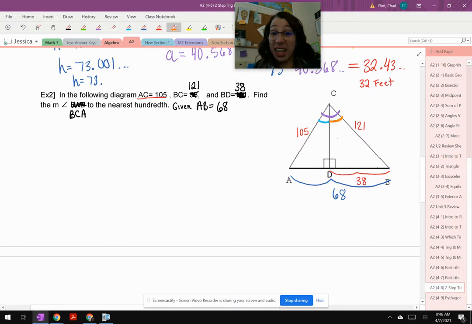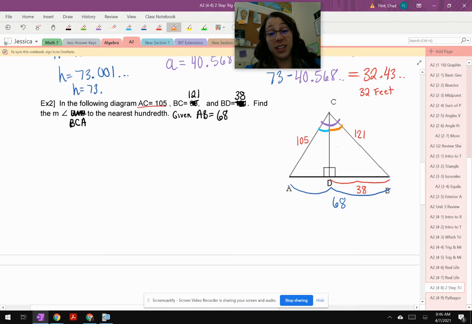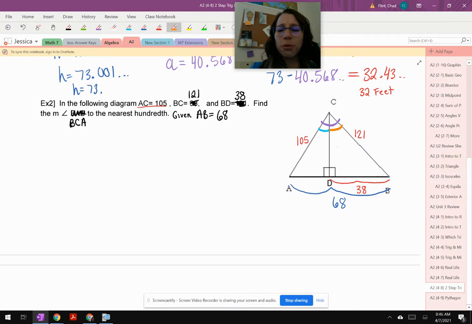Those two angles added together get me that purple angle. Well, that's what I'm going to have to do. I'm going to have to first find the blue angle, then find the orange angle, and then add the blue and the orange to get the purple. Colors. I thought it would be easier.